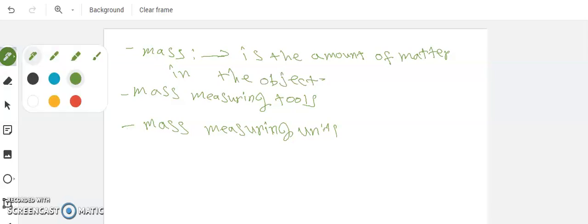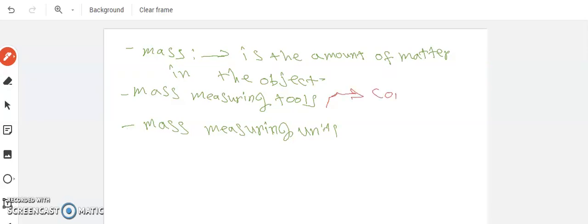The tools, we have here the common balance or two-pan balance, and the sensitive balance.